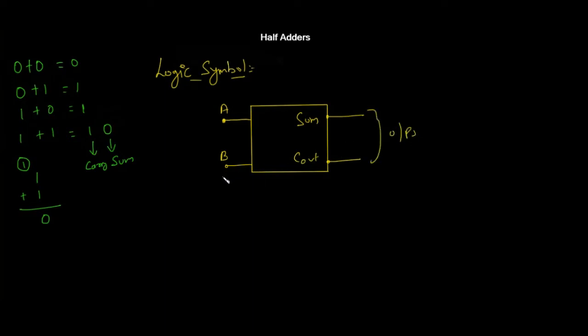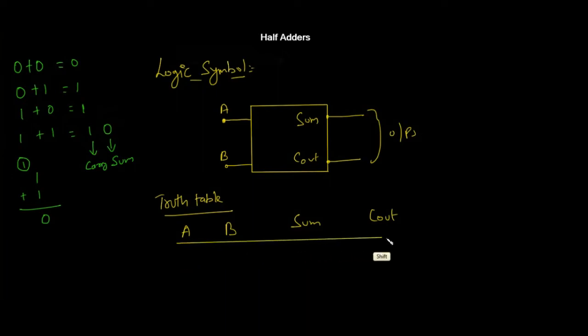So we are going to see the truth table of the half adder. What are all the inputs we have? A, B, and sum and carry out are the outputs. So we can draw the truth table for this, and it's very easy.